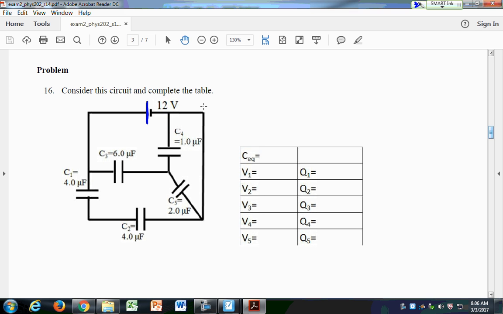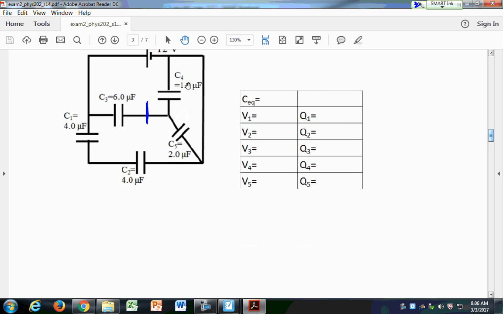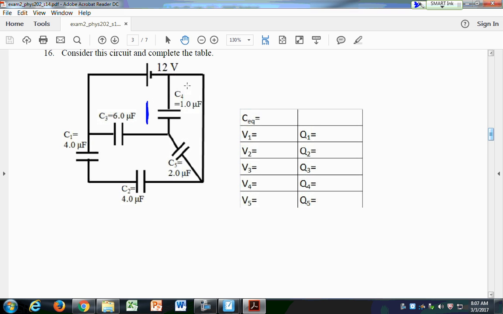But when you have a starting point and then start redrawing the circuit, I find that it fits into place. So I'm going to start on the big side of the battery, going in this direction, and I'll redraw it. I come to my first junction right here and recognize that it splits into two.